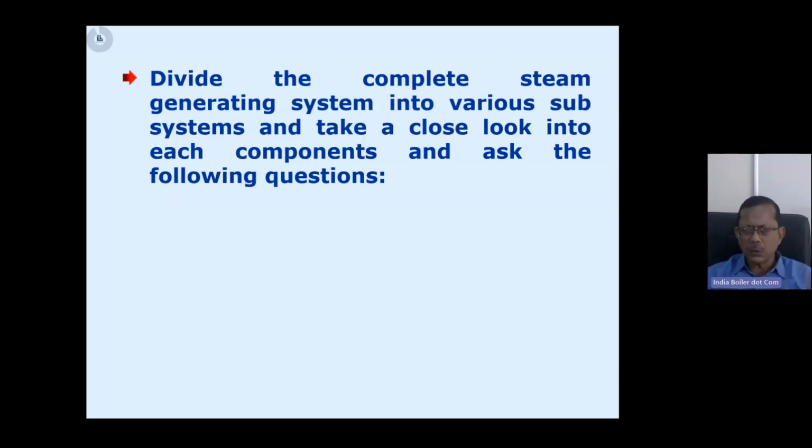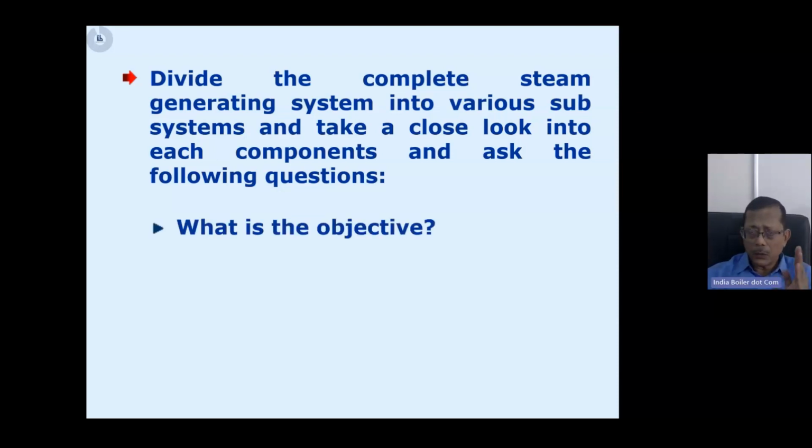The first question, as I told you, is that every component has a specific objective to fulfill. So first be clear about that. What is the objective? And not only what is the objective, to what extent it has to fulfill. For example, if I talk about a deaerator, the objective of a deaerator is the removal of dissolved oxygen from the feed water.